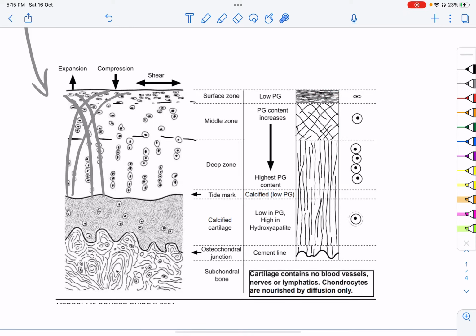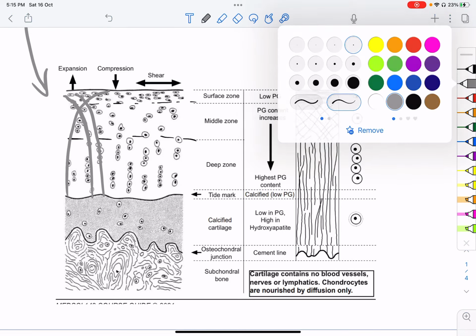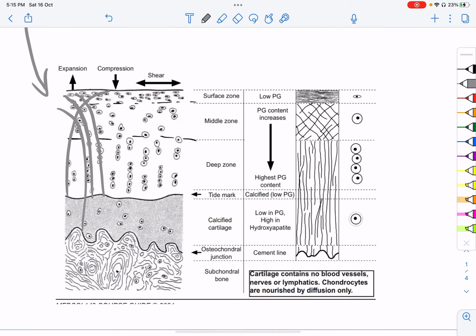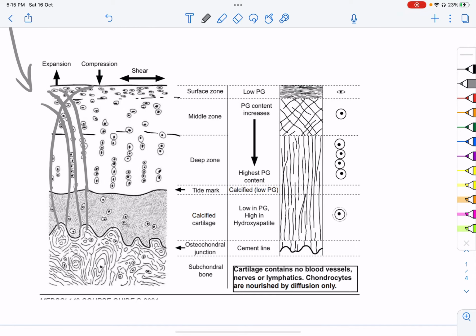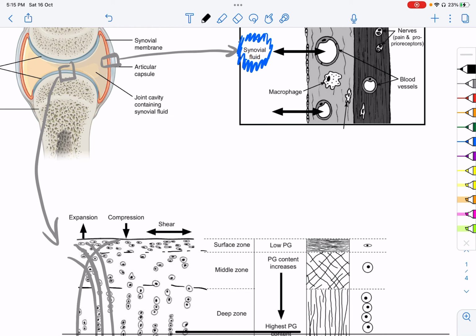These are going in all directions, so it's like a zigzag or crisscross motion. That's also seen over here. And then here we see that they're long, and it attaches to the bone, which is what allows it to stay anchored on. That anchors it into the bone, which prevents this cartilage from just slipping off.